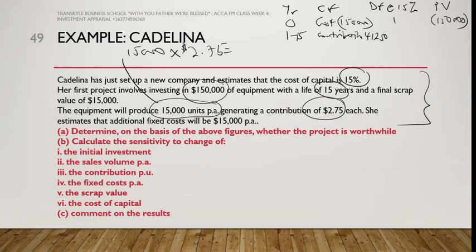Then we discount by the annuity factor, so we multiply 41,250 by the annuity factor for 15 years.